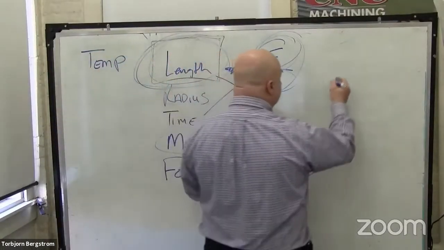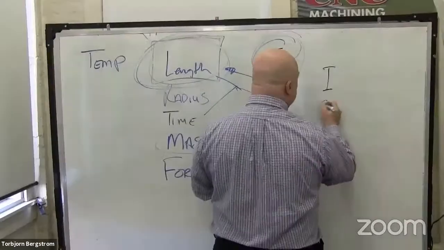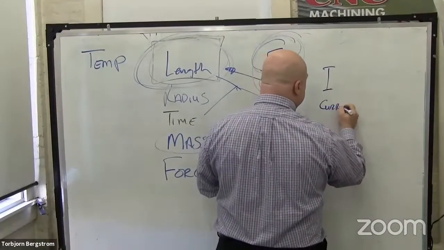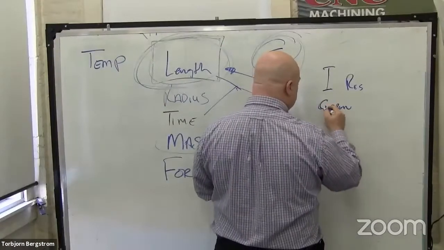I think it's I squared R. What's I? Current. What's R? Resistance. Is that correct? I think the I is squared too.